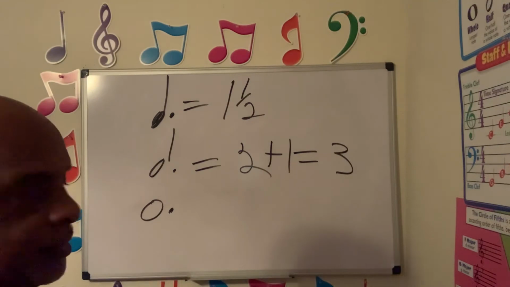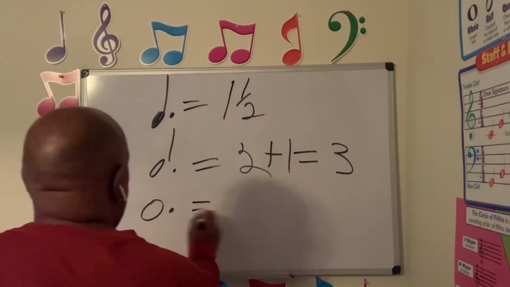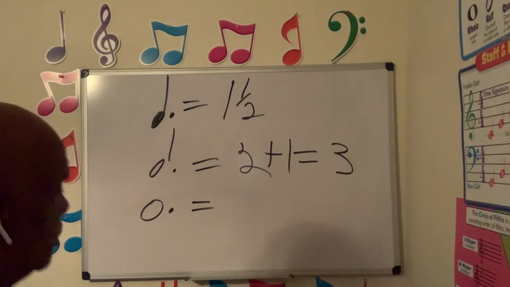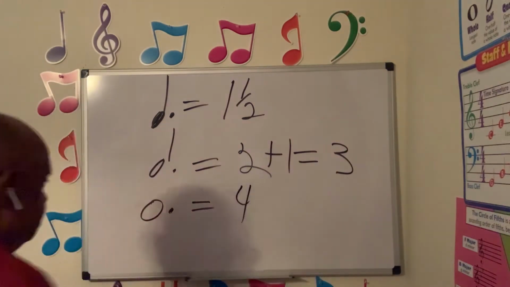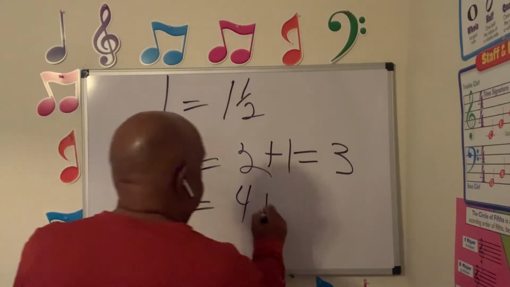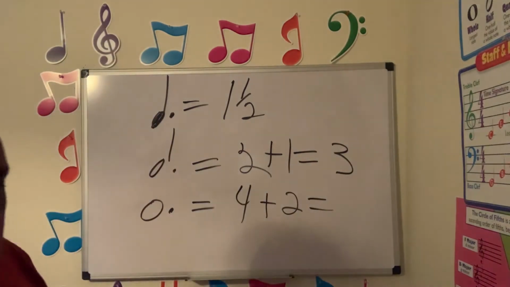Let's go to the dotted whole note. It's the same thing. That dot gets half the value of the note. So if a whole note in regular time gets 4 beats, that dot is going to get 2 beats, because 2 is half of 4.